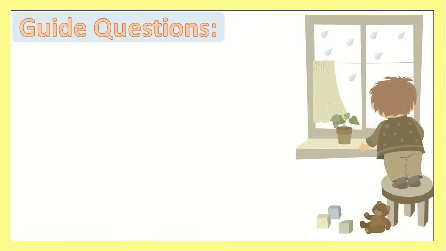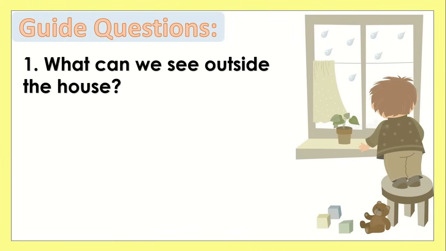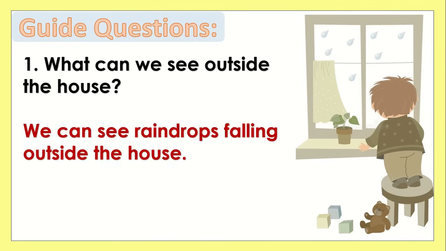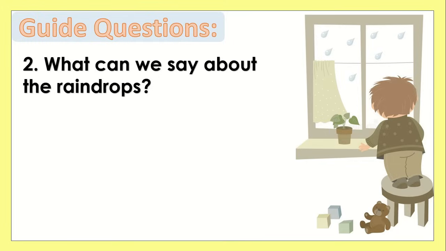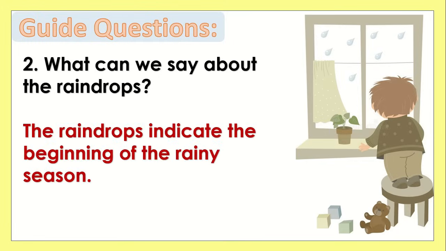Here are the guide questions. What can we see outside the house? You're right, we can see raindrops falling outside the house. What can we say about the raindrops? Exactly. The raindrops indicate the beginning of the rainy season.